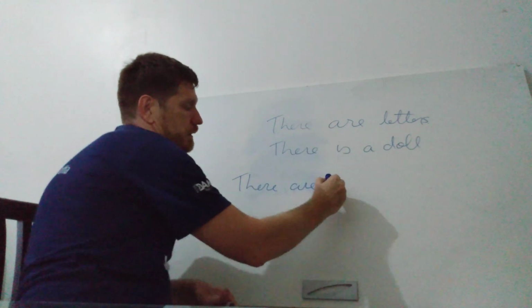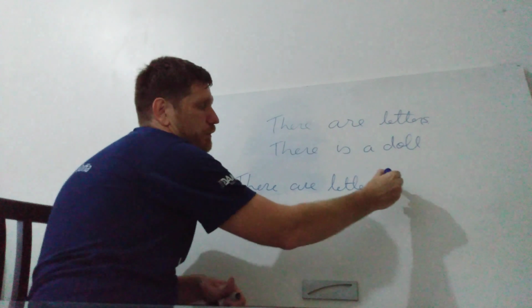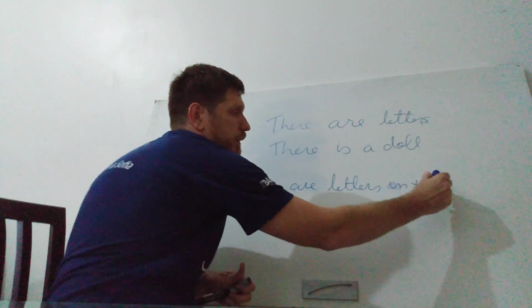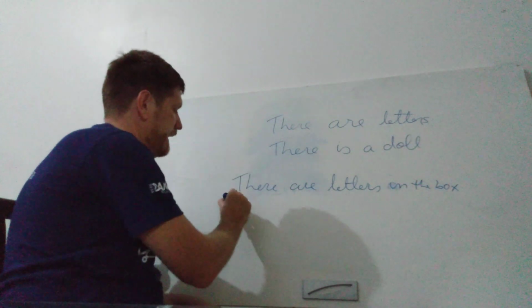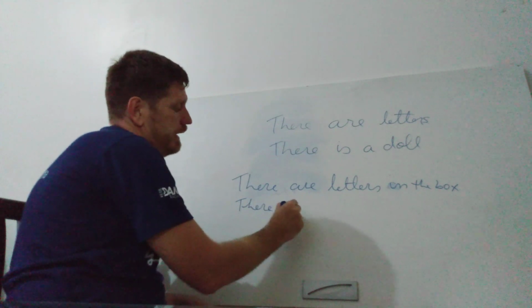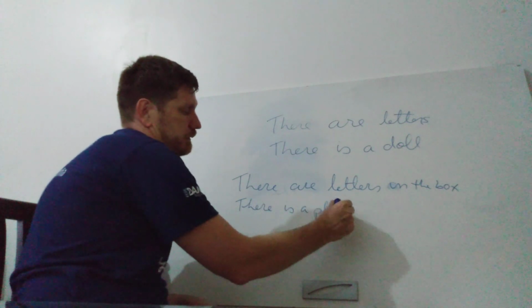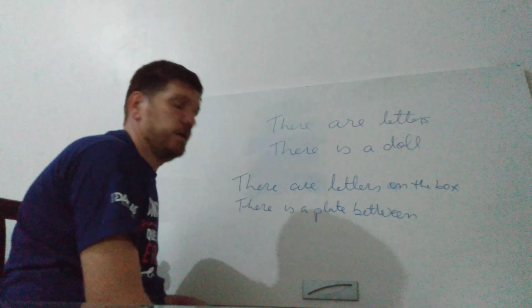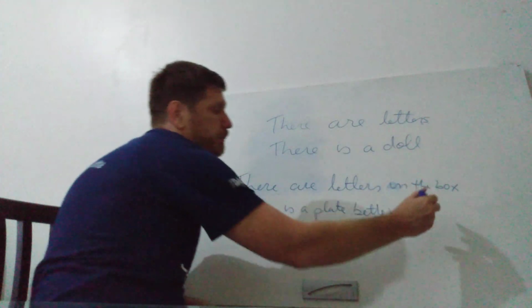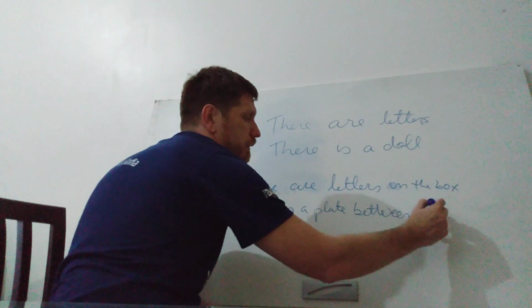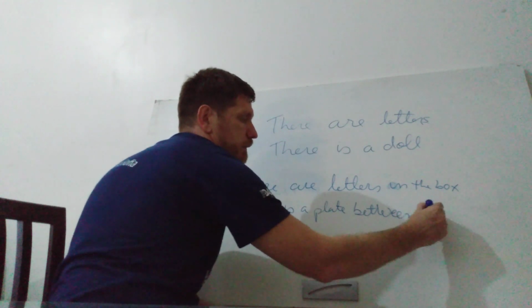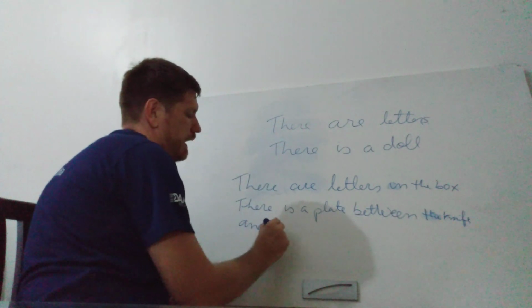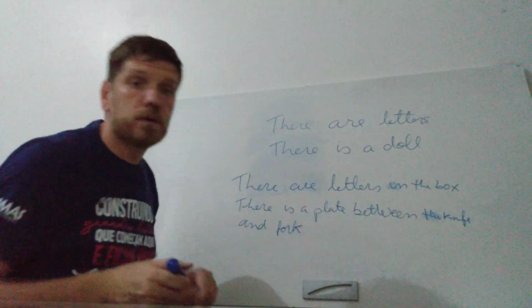There are letters in the box. There is a plate between the knife and fork.